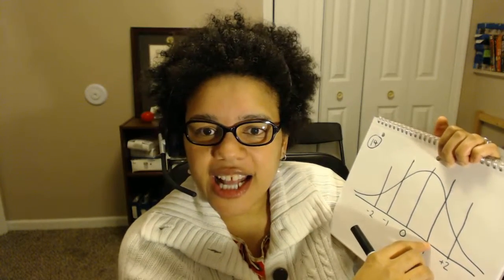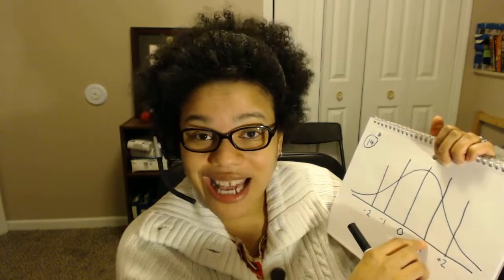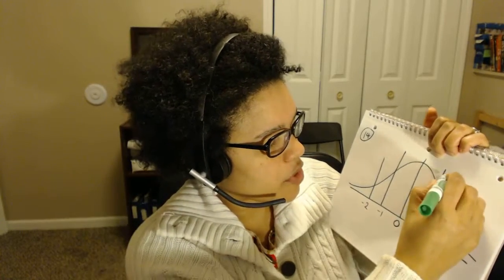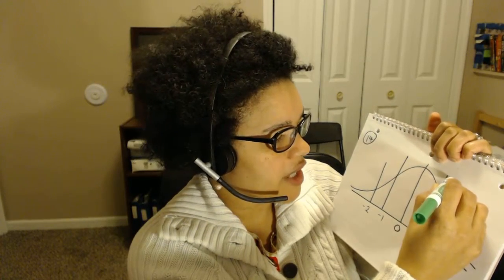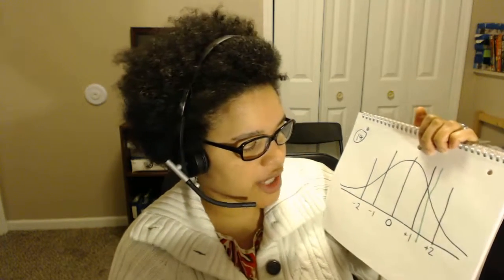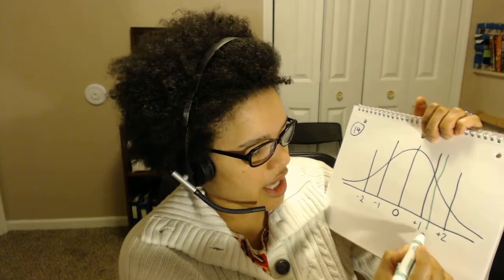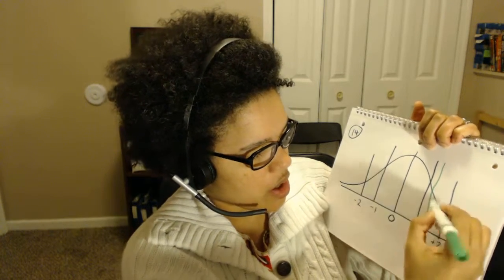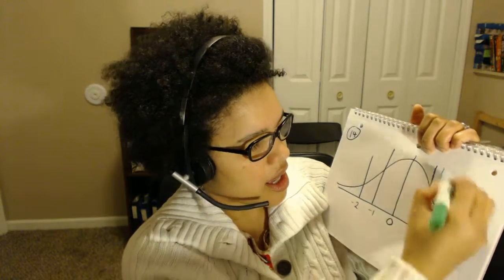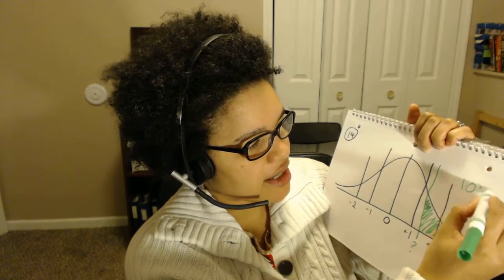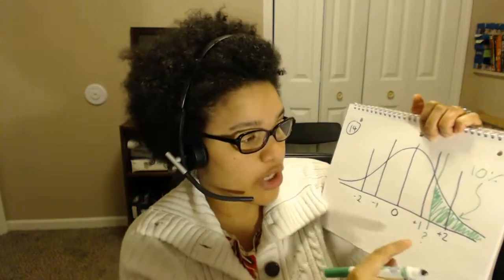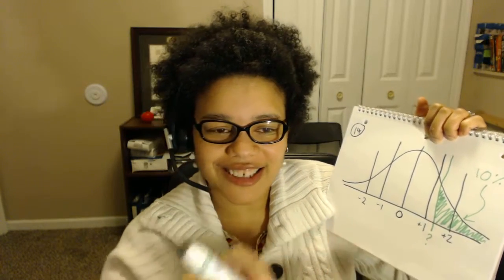And we're asking for the top 10%, which means the 90th percentile, right? So it's going to be more than one standard deviation, somewhere between one and two standard deviations, some z-score above which is 10% of the students, okay?